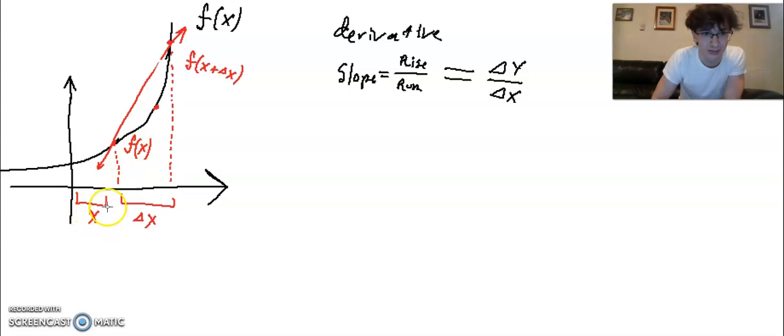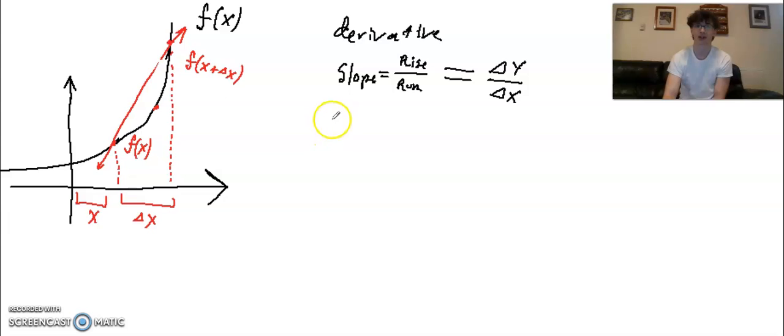We move over x amount. But then, between point 1 and point 2, we have delta x, a change in x. So it would make sense that at this point, it's just x right here plus delta x. So we have f of x plus delta x.